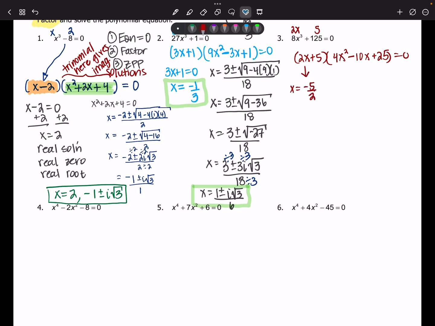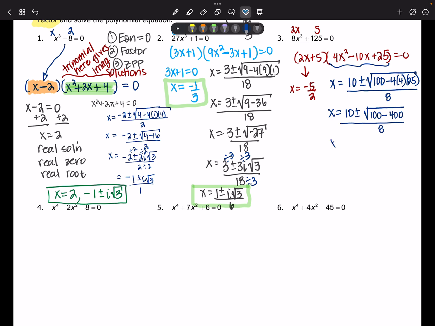And this factor, we'll do this one in blue, is going to be the opposite of negative 10 plus or minus the square root of b squared, which is 100, minus 4 times a times c, all over 2a, which is an 8. So I believe I've got 10 plus or minus the square root of 100 minus 400, all over 8.